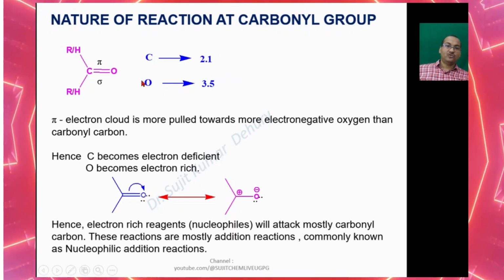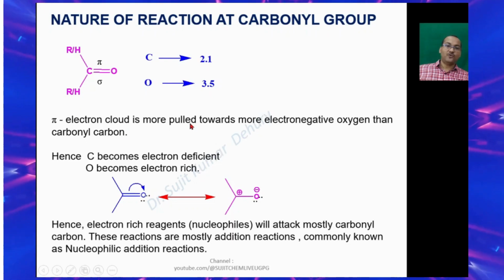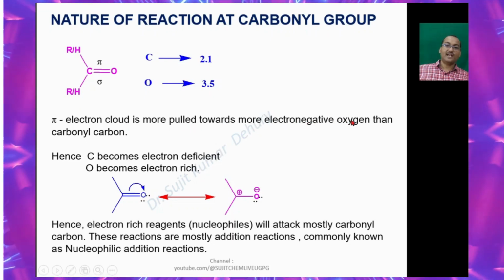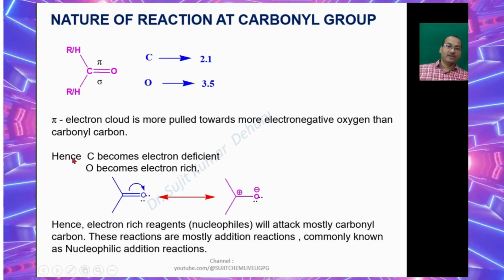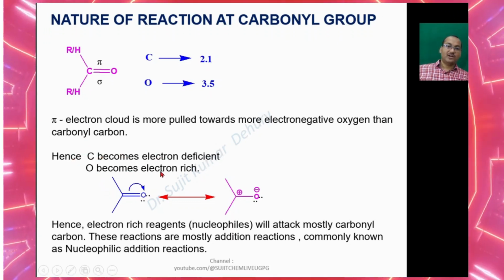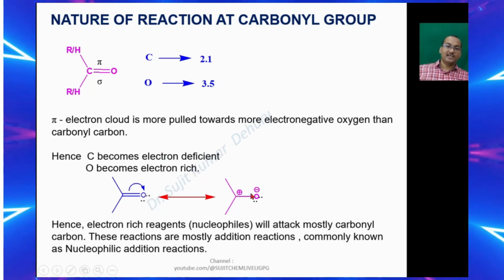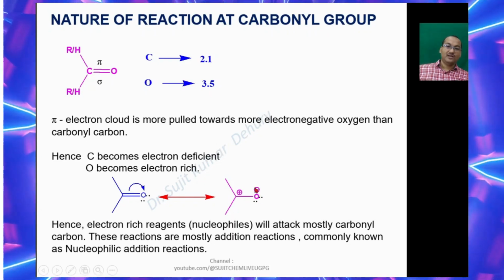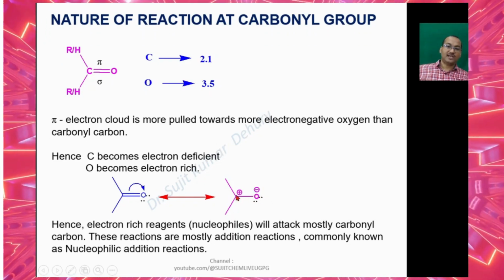Here, due to the high electronegativity of oxygen, this pi electron cloud is more pulled towards the electronegative oxygen atom than this carbon. Hence carbon becomes electron deficient and oxygen becomes electron rich. So this pi bond is polarized, and you develop a negative charge on oxygen and a positive charge on carbon.